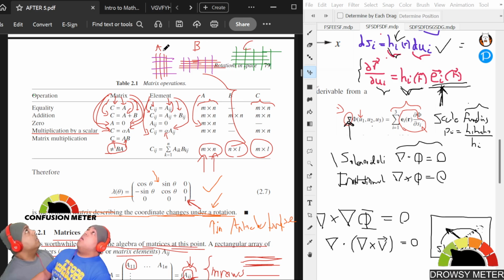A is m times n, 4 times 4. B is 4 times 5. So now C is 4 times 5.